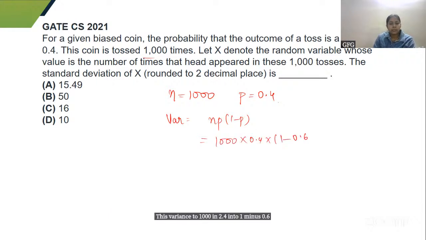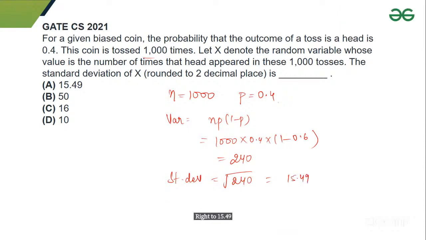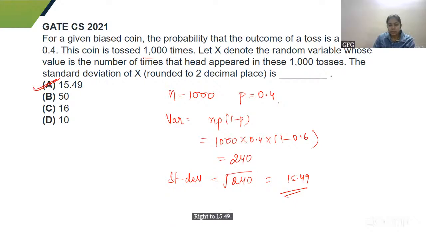So it would give me 240, right? And the standard deviation is the square root of 240, so 15.49. Ma'am, actually it should be 1 minus 0.4, sorry. Right. Thank you. So it would give you 0.6.